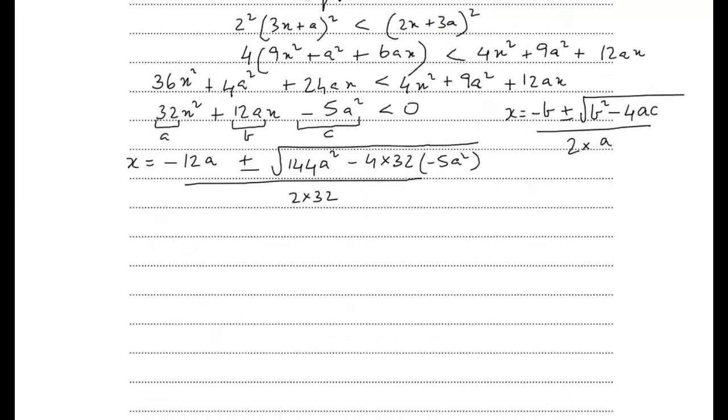Simplifying that, minus 12a plus minus root of 144a squared. The minus and the minus become plus, and 4 into 32 into 5 is 640a squared. 640 divided by 2 into 32 is 64.